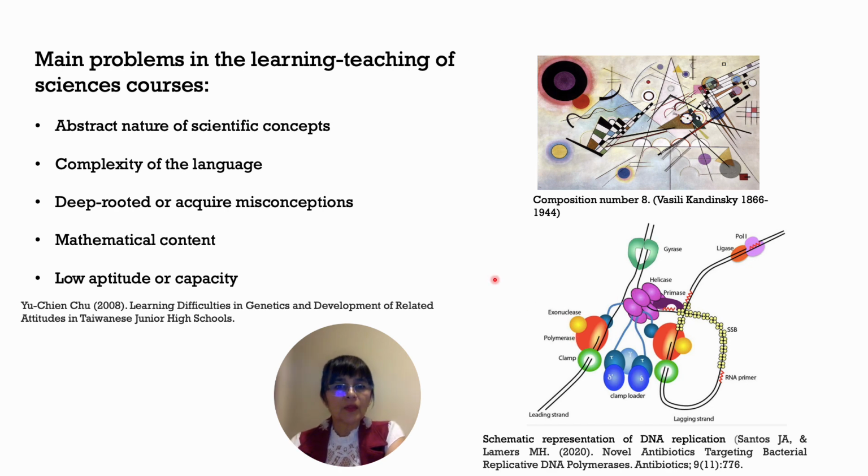Third, we acquire misconceptions. For example, during the COVID pandemic, many people didn't want to be vaccinated with the RNA vaccine because they believed that the messenger RNA would enter the nucleus and we would be left with that genetic information, and it is false.